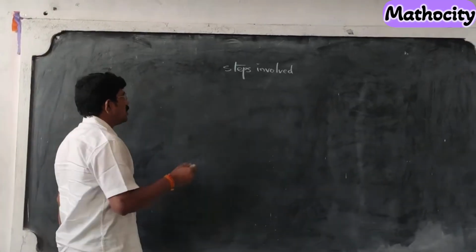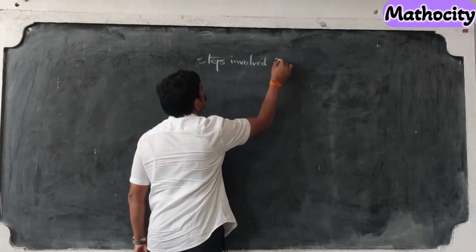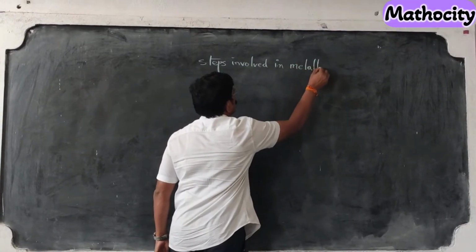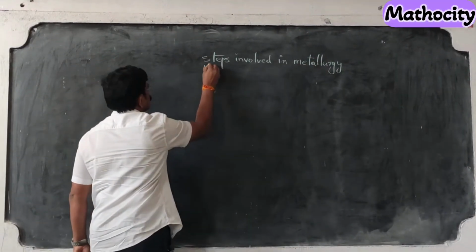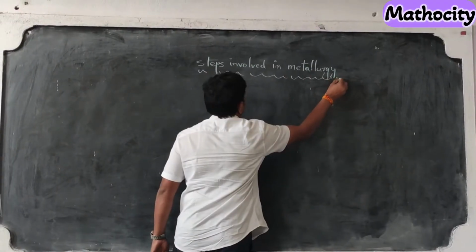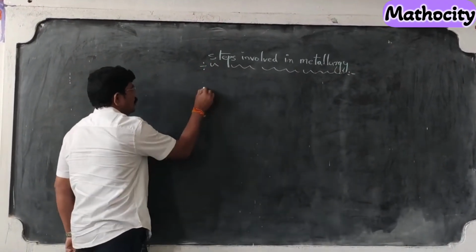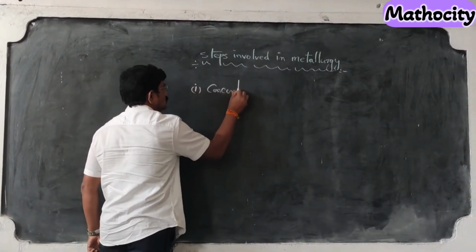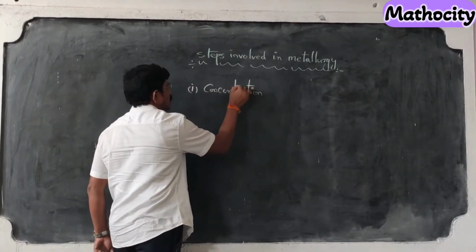What are the steps involved in metallurgy? The first step we follow is concentration of the ore. Don't get confused, first listen carefully. Concentration of the ore.